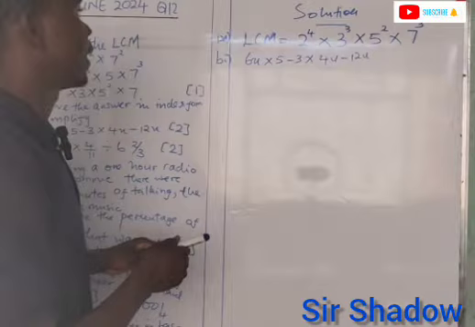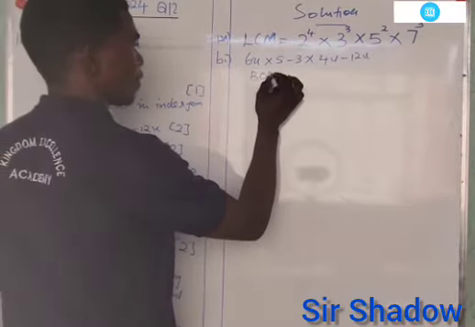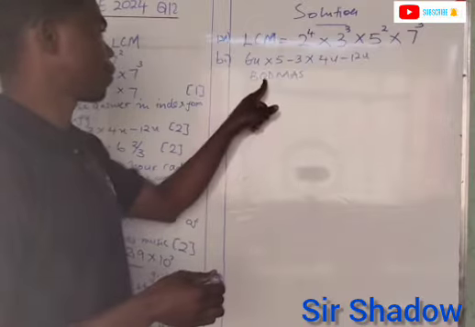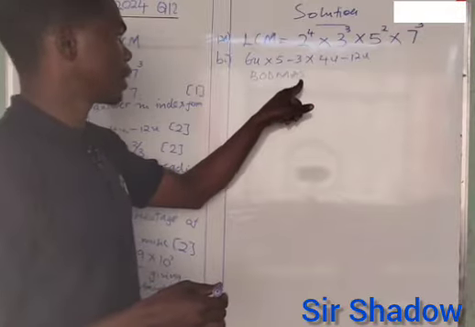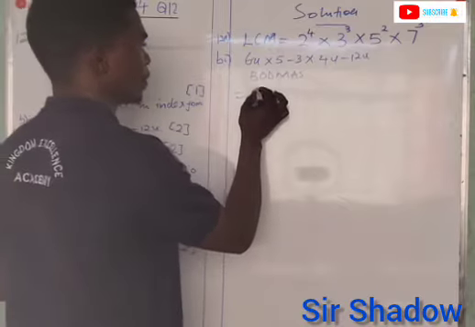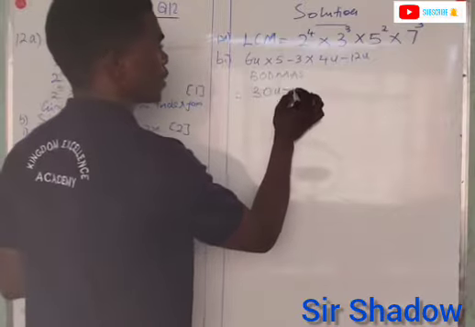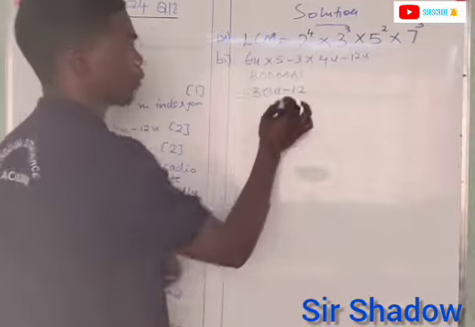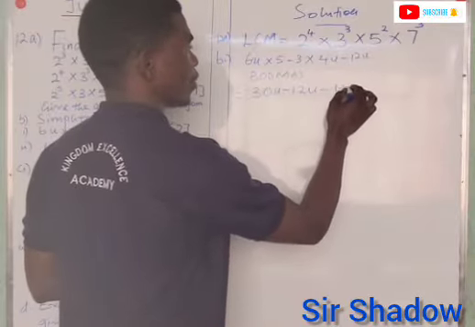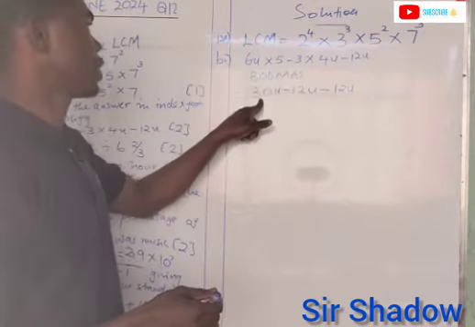Let's apply BODMAS. BODMAS simply means brackets, order, division, multiplication, addition and subtraction. We start with multiplication: 6u times 5 is 30u.